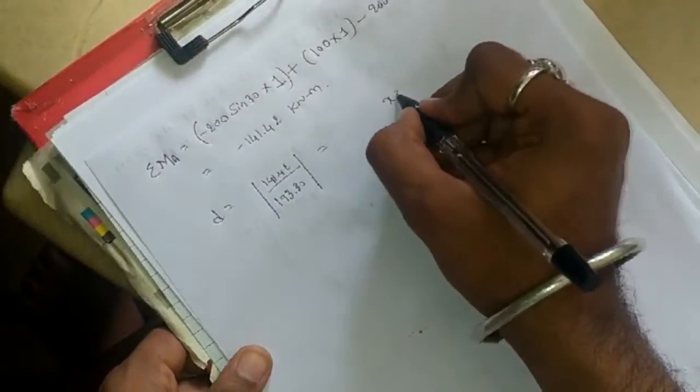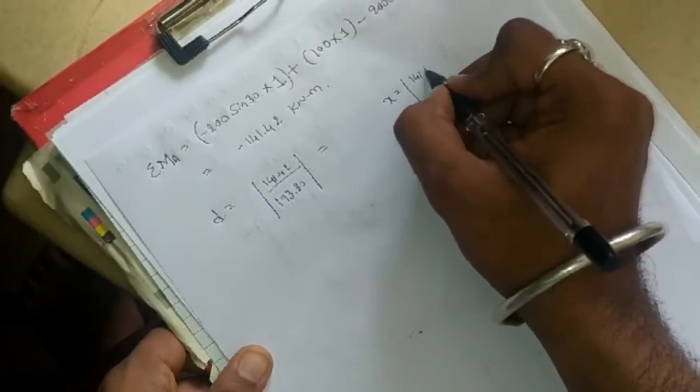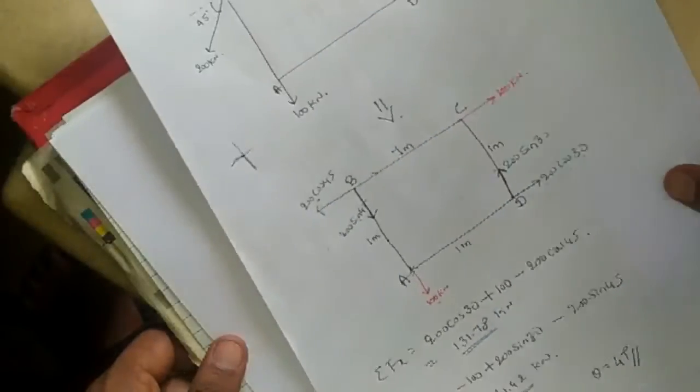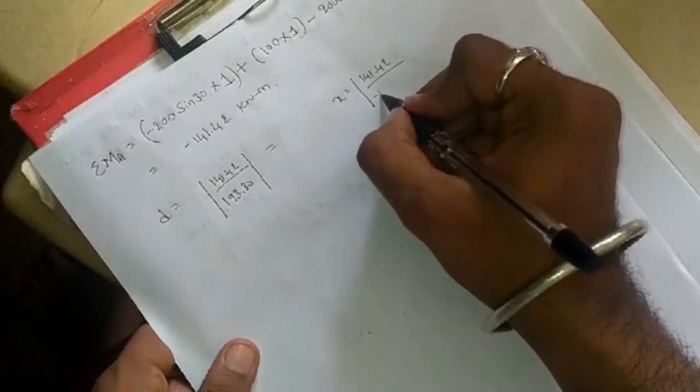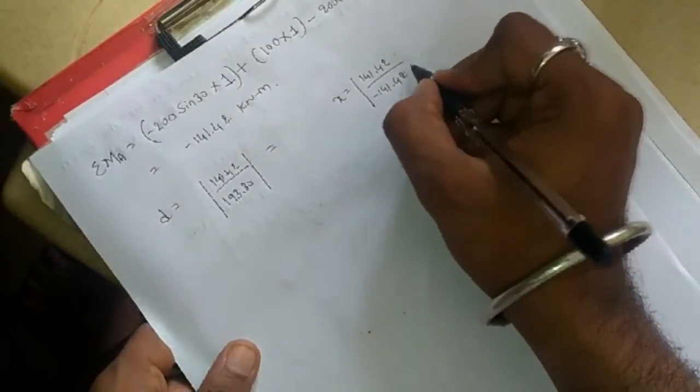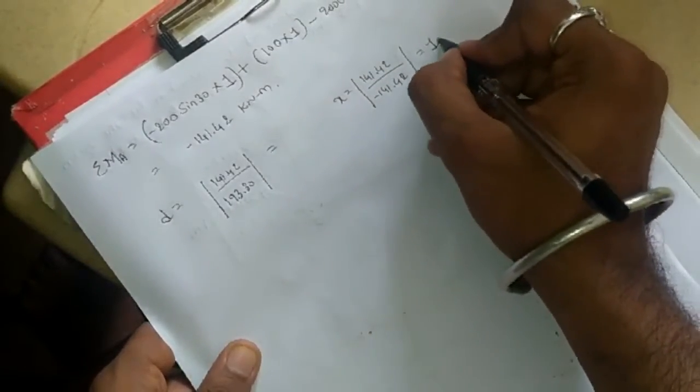And X is equal to summation of moments divided by summation Fy. Summation Fy is also minus 141.42, which gives 1 meter.